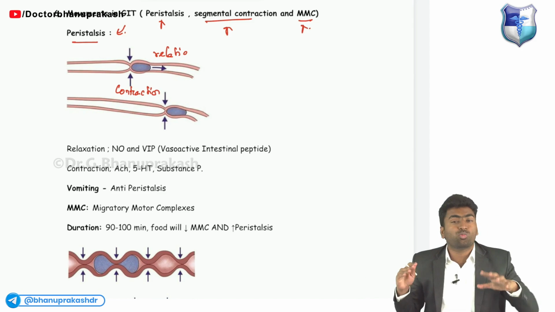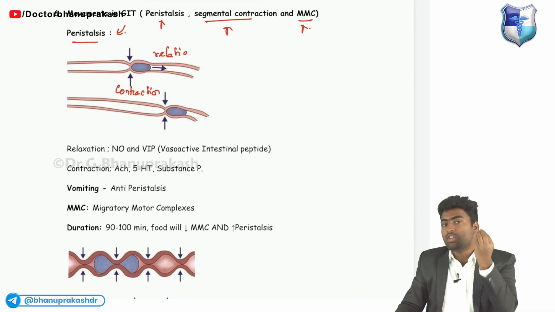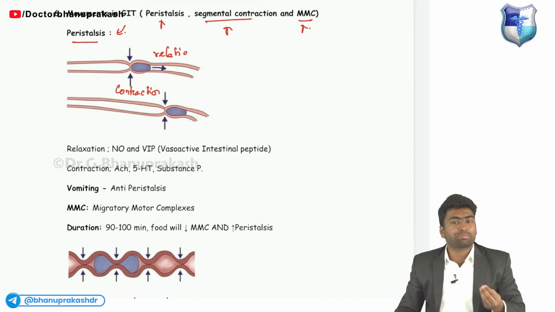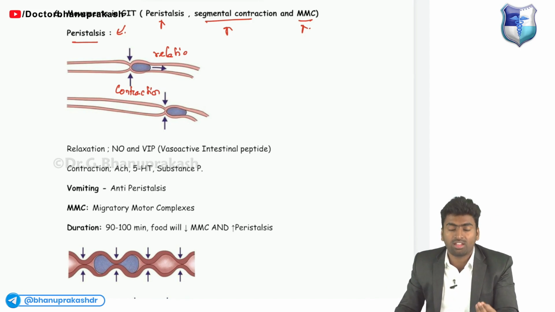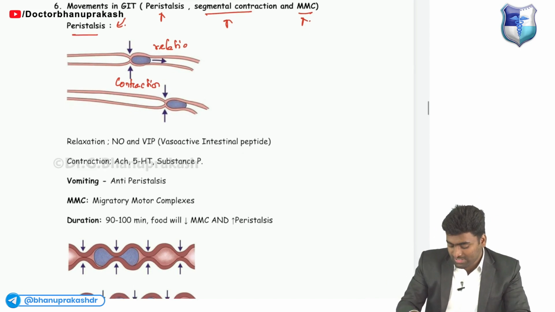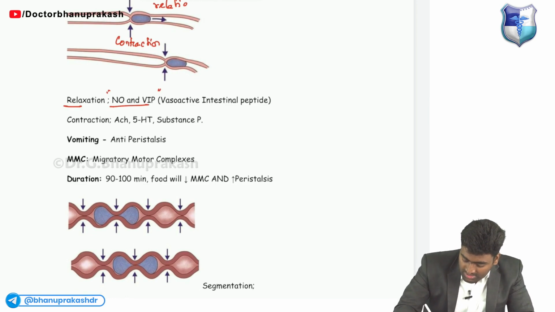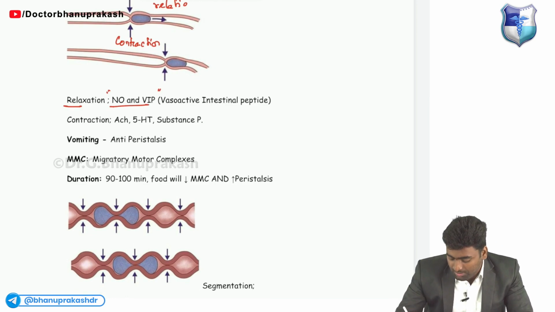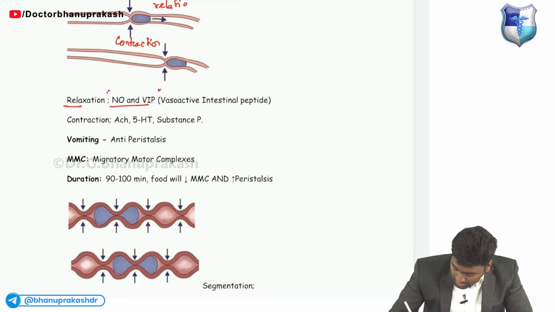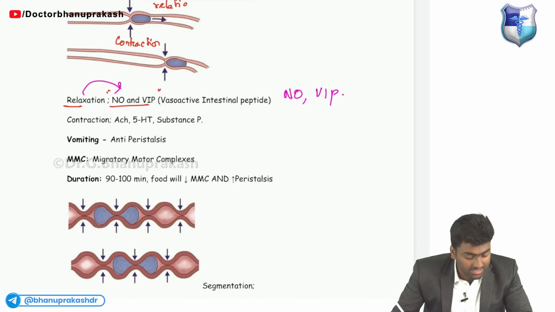What they will ask in this part is: which of the following components is responsible for relaxation during peristalsis? Remember, if there is no VIP, there will be no relaxation. The relaxation-causing things are nitric oxide and vasoactive intestinal peptide.